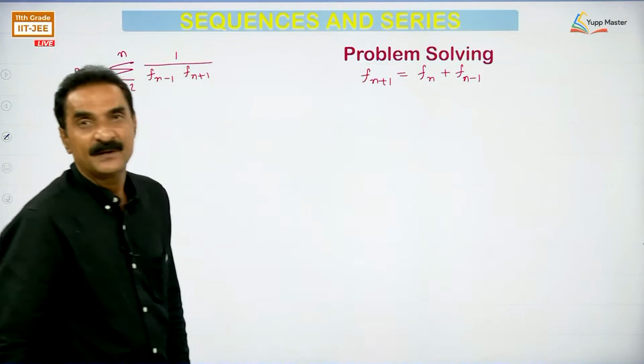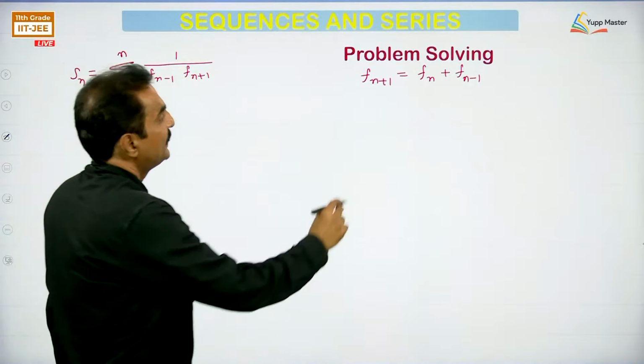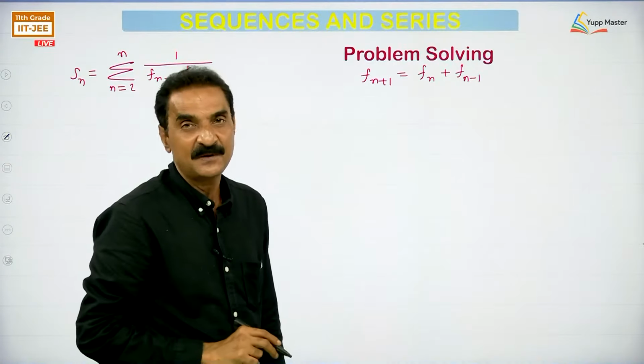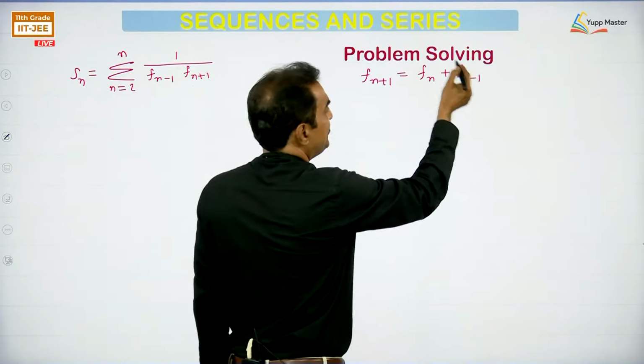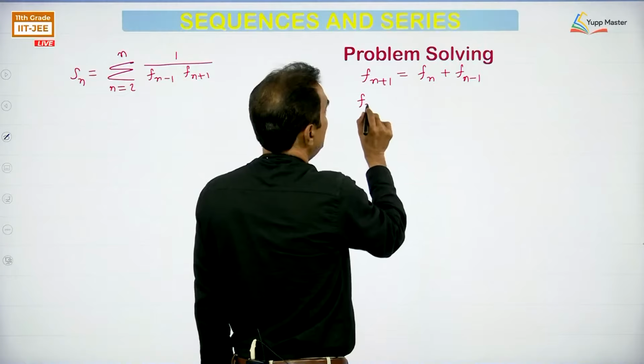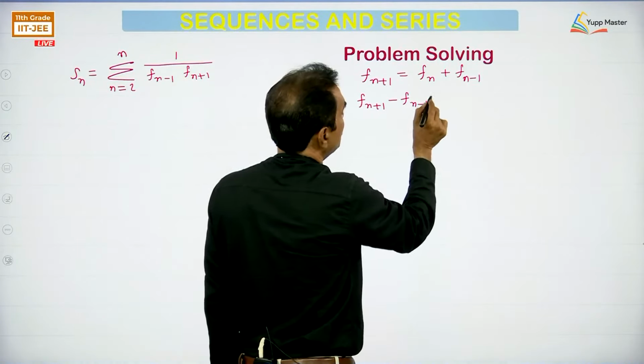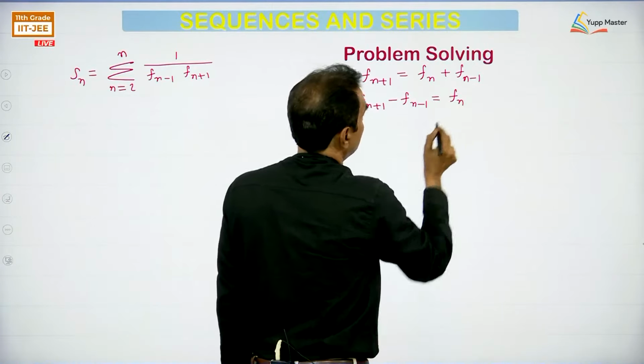Alright. Now, the relation between f(n-1) and f(n+1) we want. Taking f(n-1) to this side, you will get f(n+1) minus f(n-1) is equal to f(n). Alright.